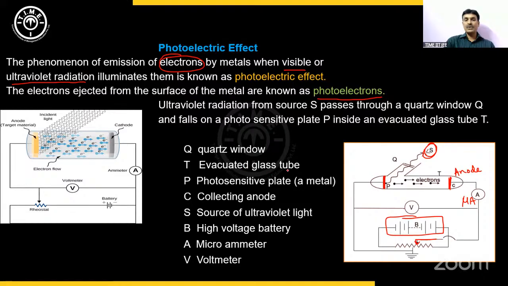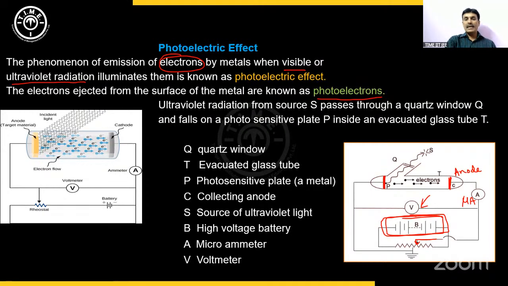Q is the quartz window, T represents the evacuated glass tube, P is the photosensitive metal which releases the photoelectrons, C is the collecting anode, S is the source of radiation, B is the high voltage battery. A represents the microammeter and V is the voltmeter.